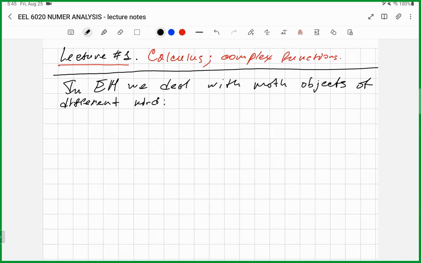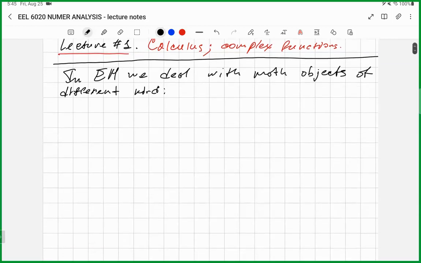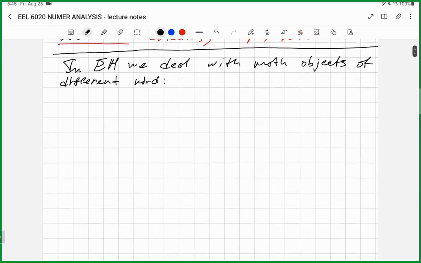Sorry for my handwriting, okay? And also sorry about the barks of my dog. Different kinds. So what kind of mathematical objects do we use?